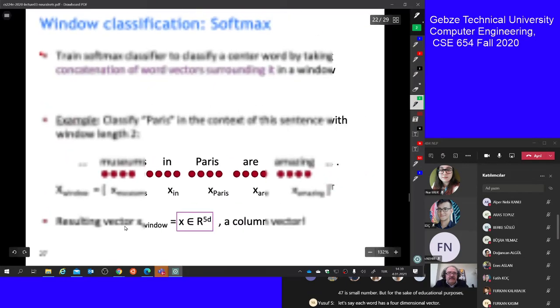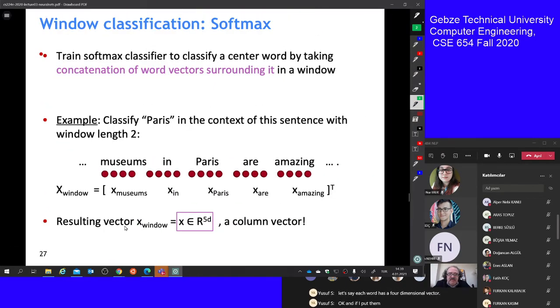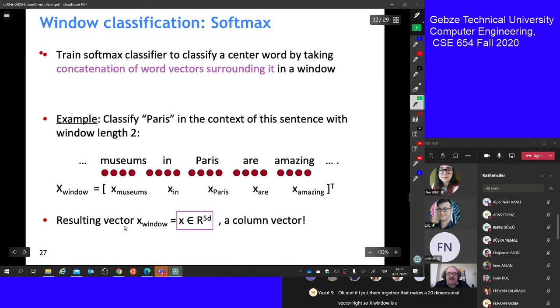If I put them together, that makes a 20-dimensional vector, right? So X window is a 20-dimensional vector. The formula is 5 times D. If D is 4, 5 times D is 20. So my input to the whole system is going to be 20 elements.